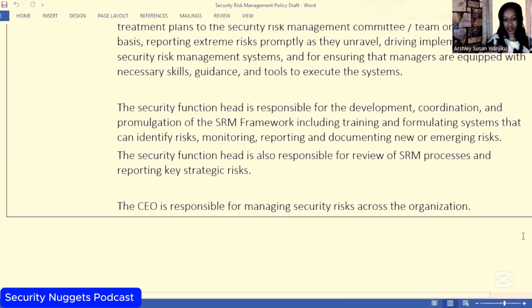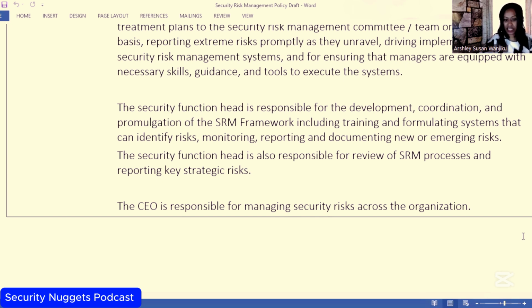The security function head is responsible for the development, coordination, and promulgation of the security risk management framework, including training and formulating systems that can identify risks, monitoring, reporting, and documenting new or emerging risks.